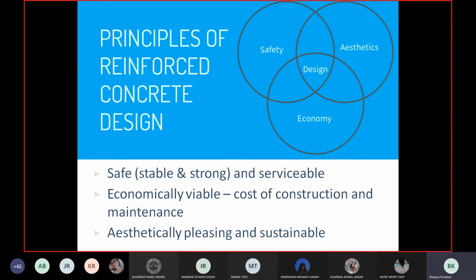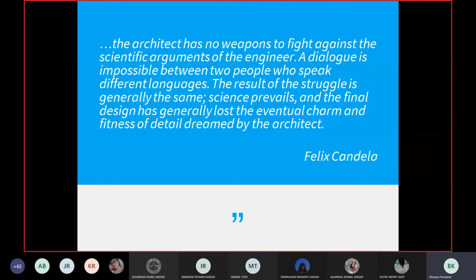The first thing that you start with is that it should be aesthetically pleasing and sustainable, and then you talk about economic viability, and then we talk about, oh, is it really possible, in terms of engineering and construction, to build this structure. So there is naturally a lot of space for conflict between architects and engineers.